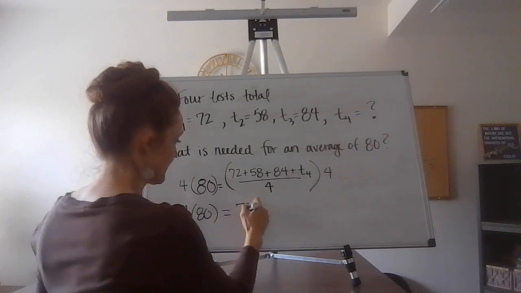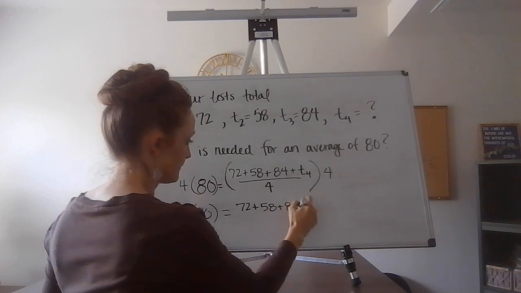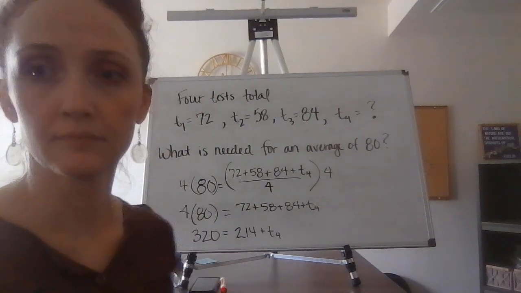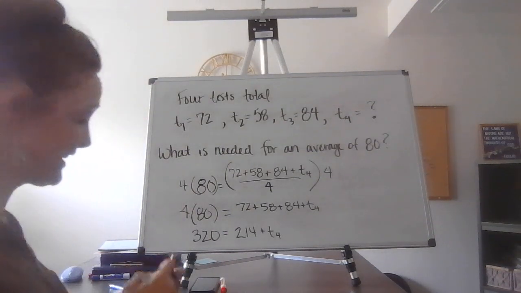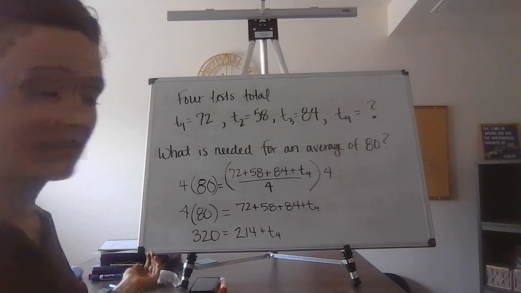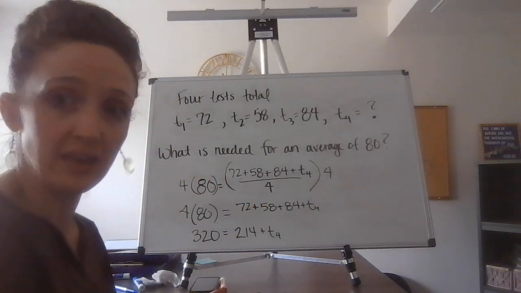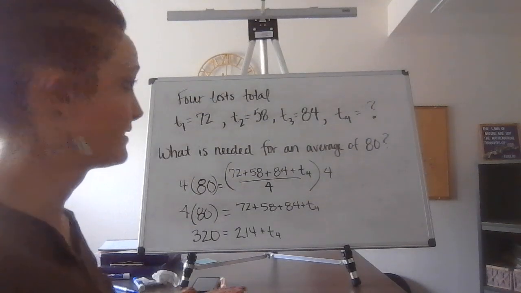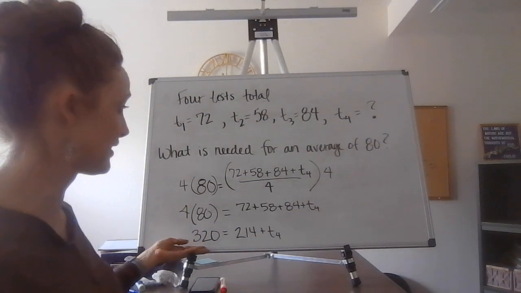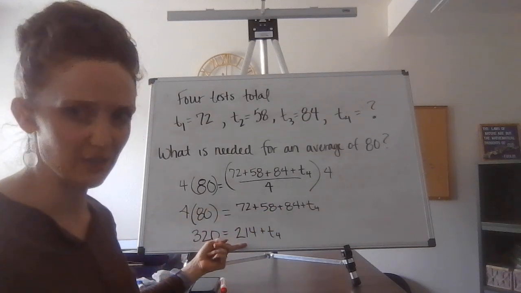So what's left here is just the sum. In other words, I need a total of 320 points for all of my tests so that it can basically be like 4 tests that had a score of 80 on them, right? So I need 320 points altogether. If I add these up, I have 214 of them.